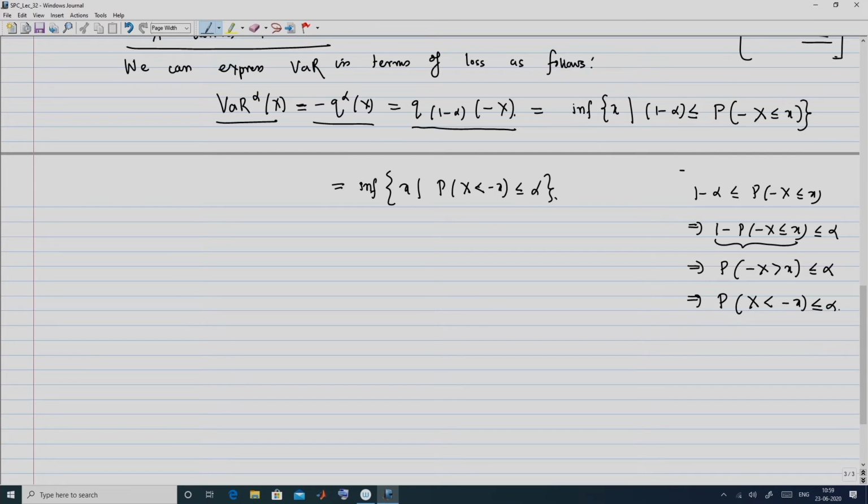All right. So basically I have taken this expression and got the equivalent expression here, which I have substituted out here.